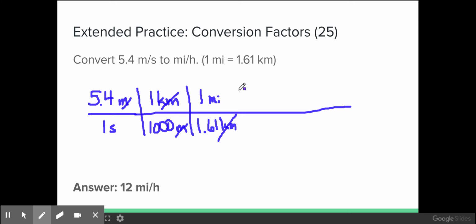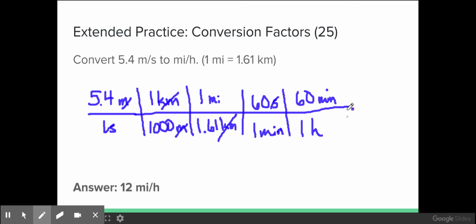I have miles in my numerator. I need to work on my denominator now. So I know that there are 60 seconds in 1 minute. And I know that there are 60 minutes in 1 hour.